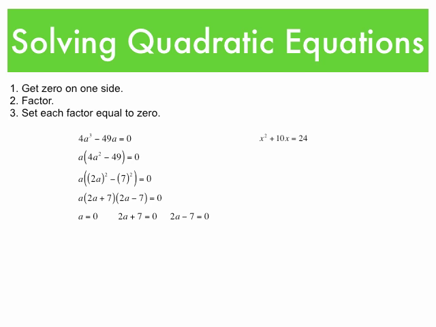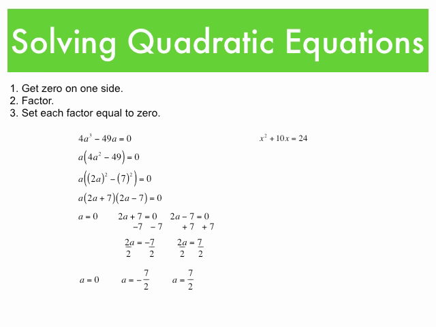A equals 0, 2a plus 7 equals 0, and 2a minus 7 equals 0. Okay, solve each of those. So I get a equals 0, a equals negative 7 over 2, or a equals positive 7 over 2.